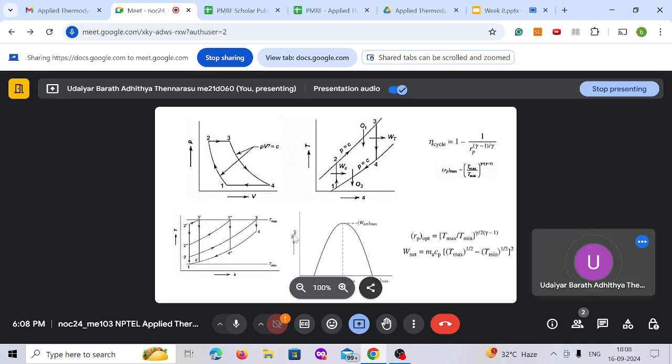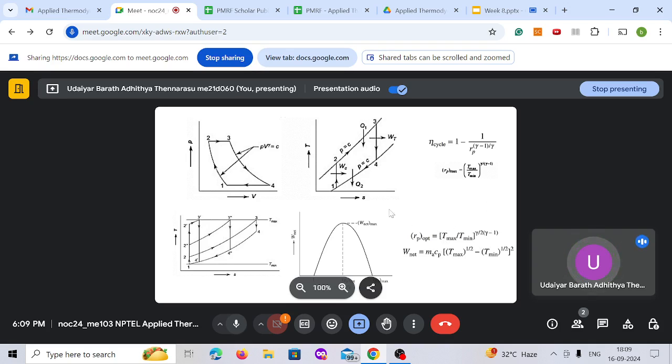So if you plot your net work done with respect to compression ratio, this is how the cycle looks like, and you have some optimum where you have a maximum net work generated. That optimum pressure ratio is given by T max by T min raised to power gamma by 2 gamma minus 1.